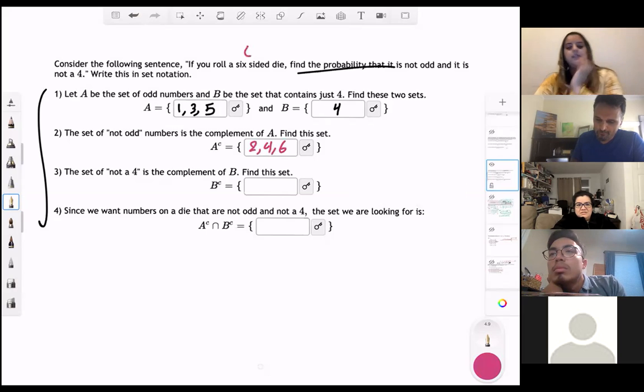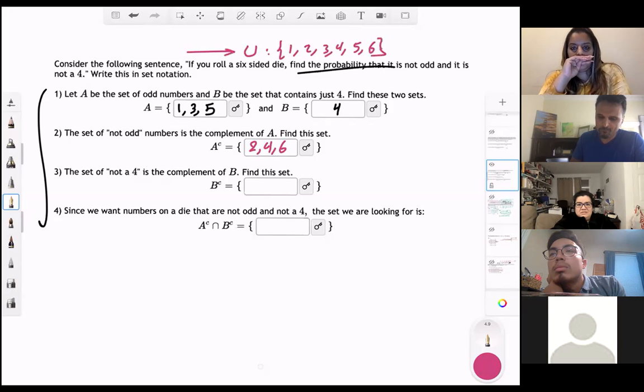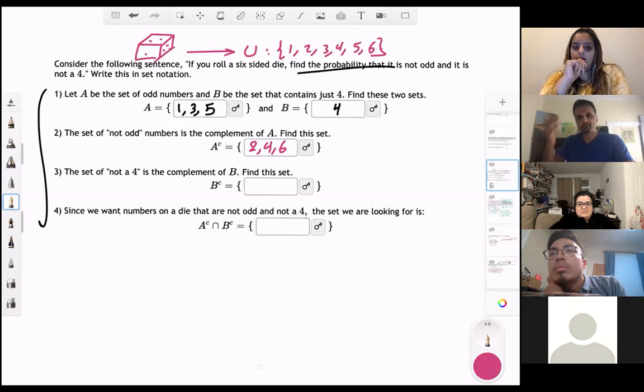So our universe U will be the set of 1, 2, 3, 4, 5, 6. Where did I get this one? From a die. Correct? There are 6 sides, that's a number.